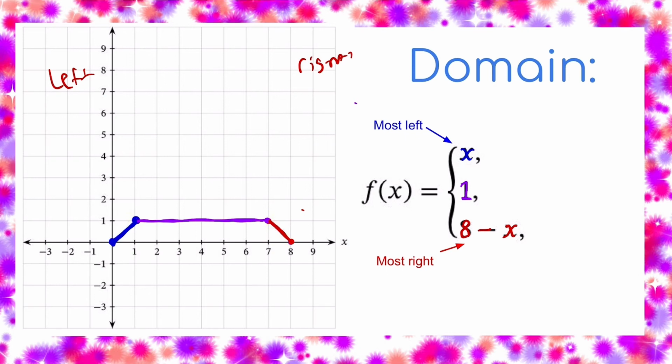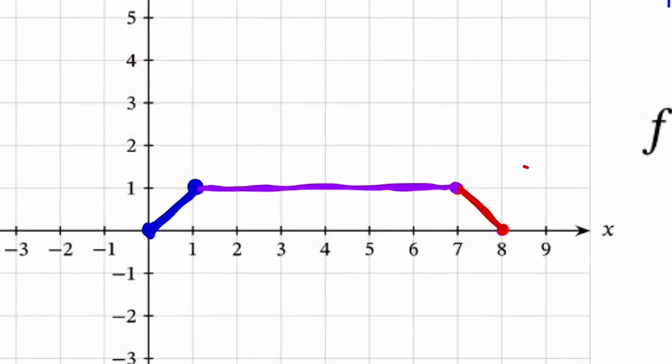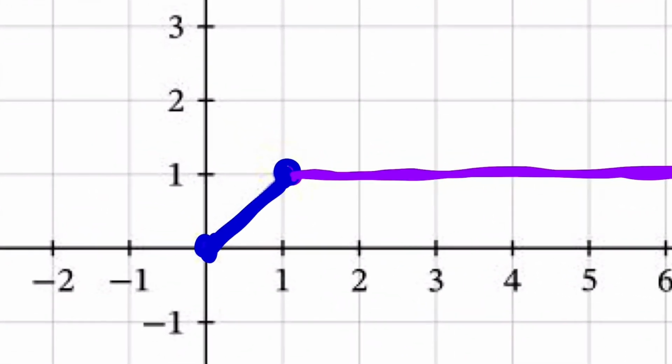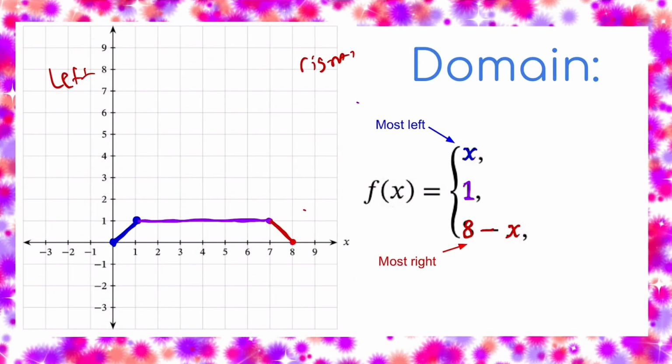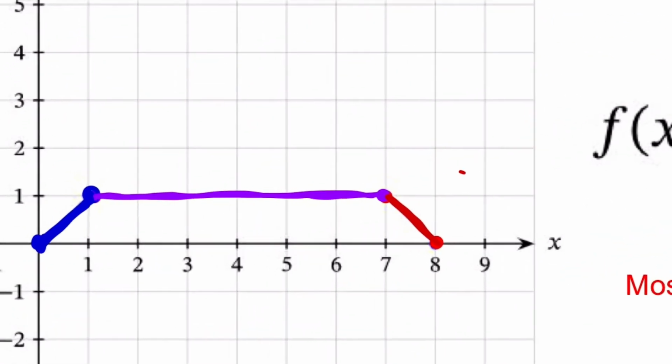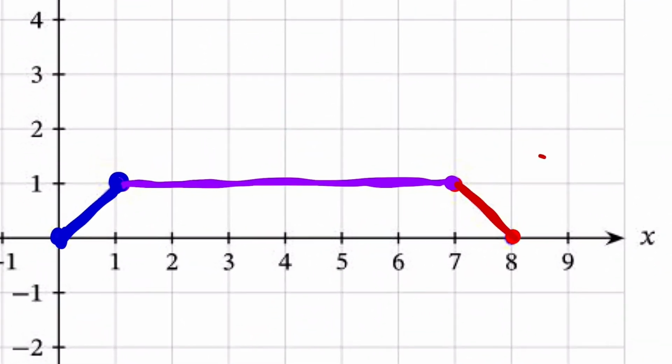Okay, let's talk about our domains. It's all closed circles, so we don't have to worry. Let's look at just the blue one. What do you think the domain would be for just the blue line? Well, that goes from 0 to 1 in closed circles. All right, let's do the purple one. What do you think the domain would be for the purple line?